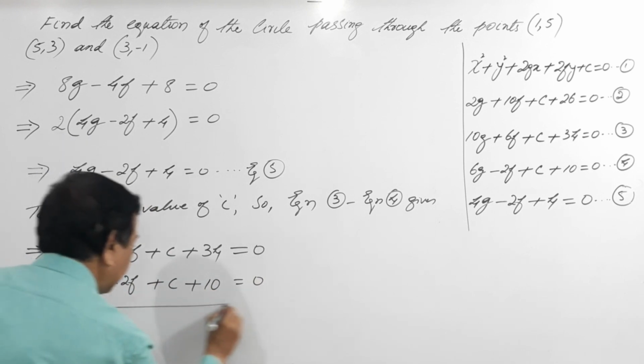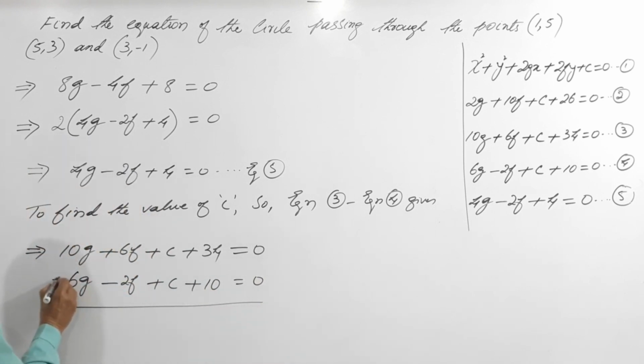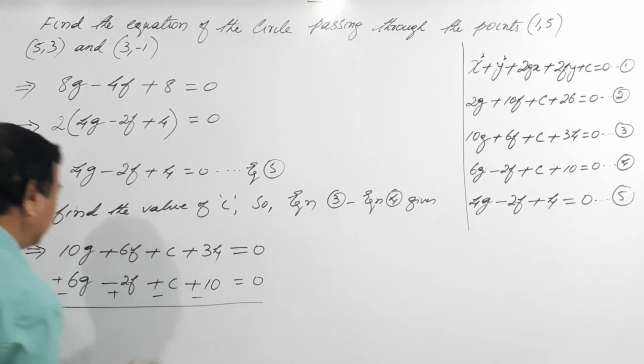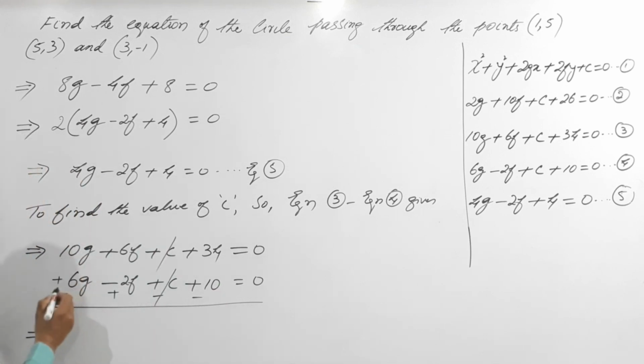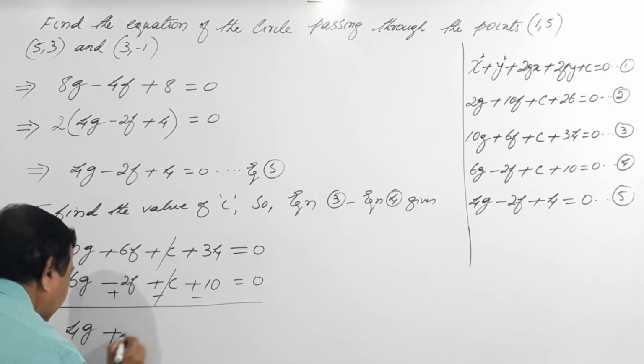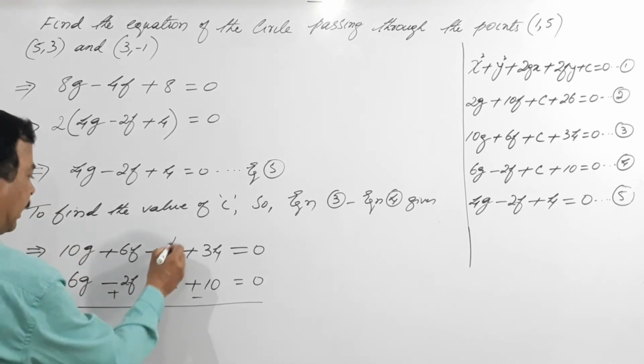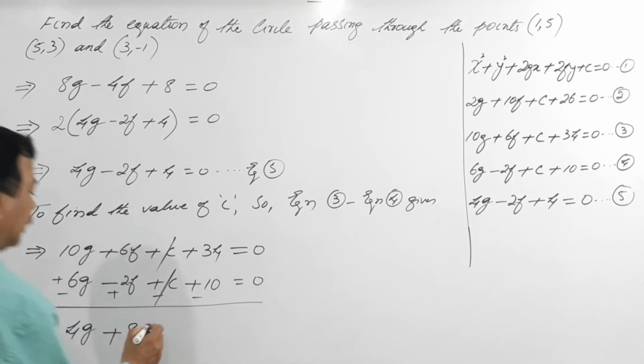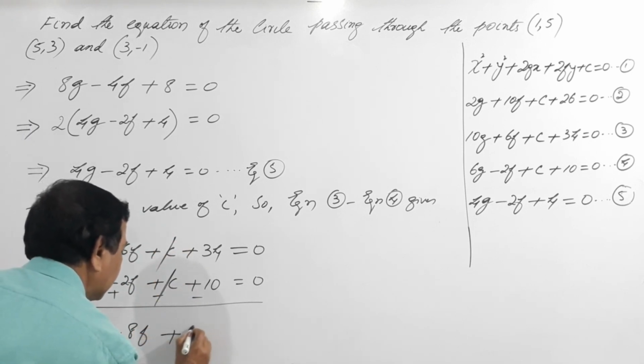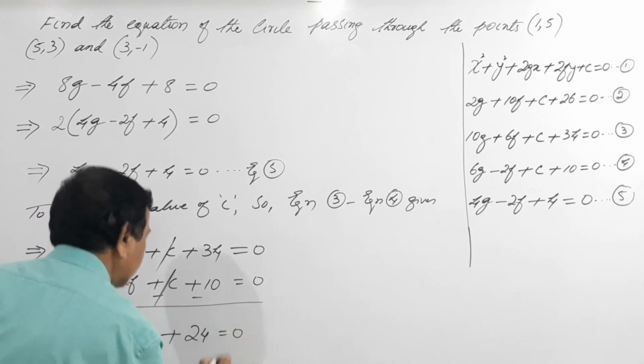So I'll subtract. What happens? Alternate signs: if it is plus, put minus, and if it is minus, put plus. So 10 minus 6 is 4g, plus 6f plus 2 becomes plus 8f. Plus c minus c cancels, and this is left with plus 24 equals 0.